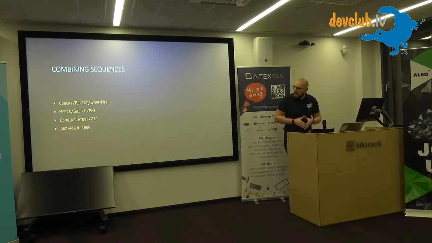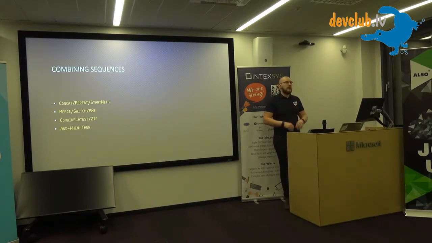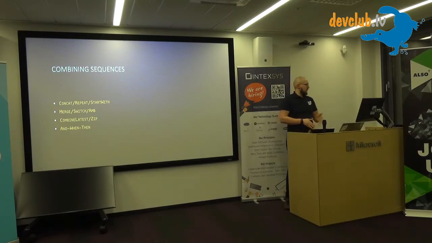Merge, switch, and amb are the ones which control flow from several sequences. Merge basically takes all the events coming from various sequences and just funnels them together in a single sequence.